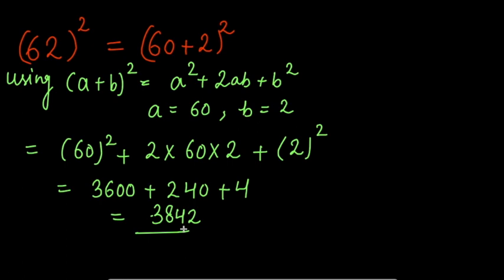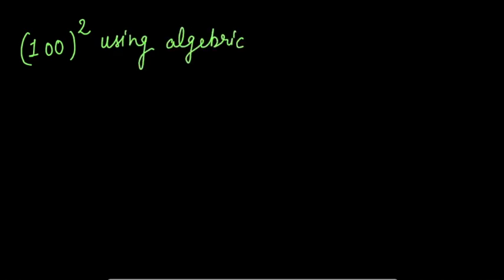Similarly, if I ask you to calculate the square of, say, 100 using algebraic identities, okay, so what will we be doing? Rather, let me ask you the square of 99, right? 99 square.